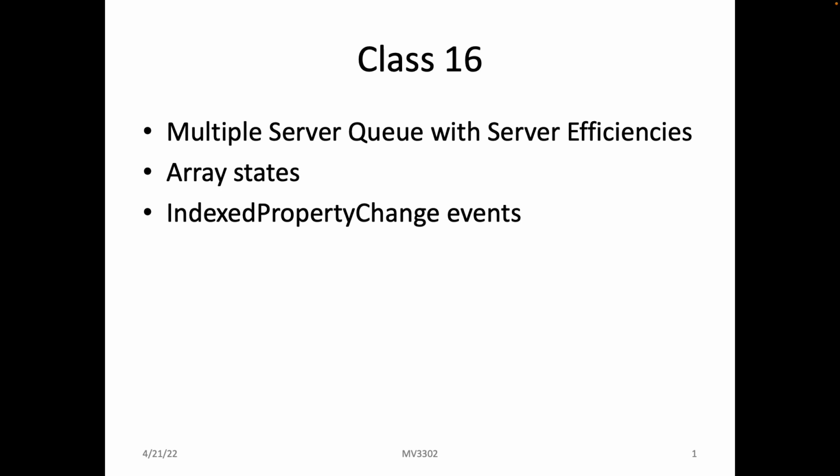In particular, as we've already kind of seen, instead of property change events, when we have states that are arrays, in 99.9% of the cases, only one index of the array state is going to be changed at any given time. And so the way that we deal with that is something called an index property change event. And that's really more on the implementation side.